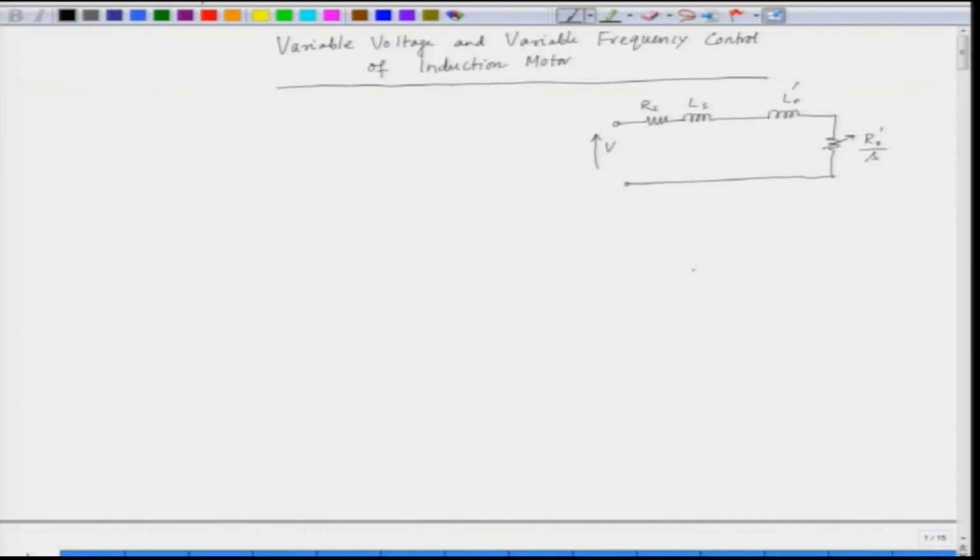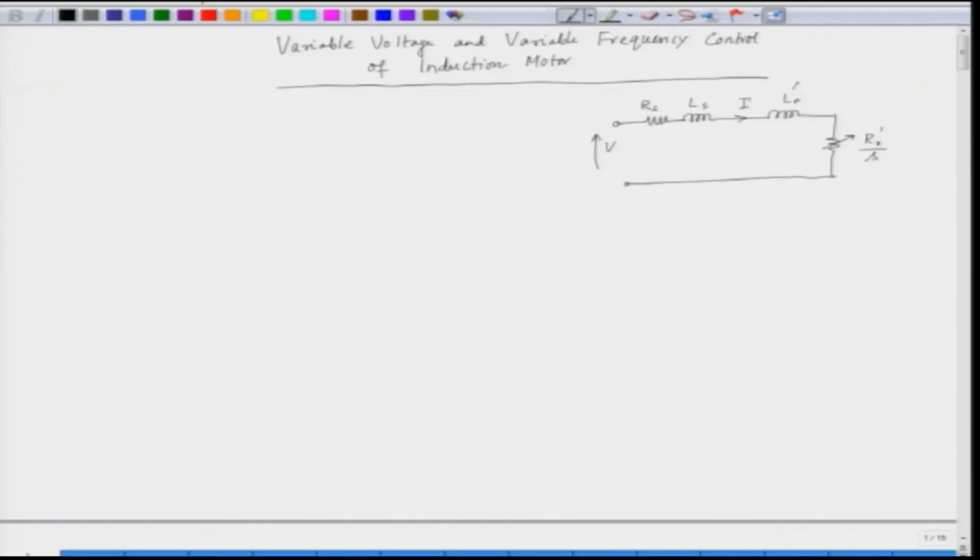Now, we have ignored the magnetizing reactance because that expression does not come directly in the torque equation. The rotor current here is I r prime. So, this is our rotor current. Now, we can write down what is I r prime. I r prime is V divided by under root the resistance square plus the reactance square.